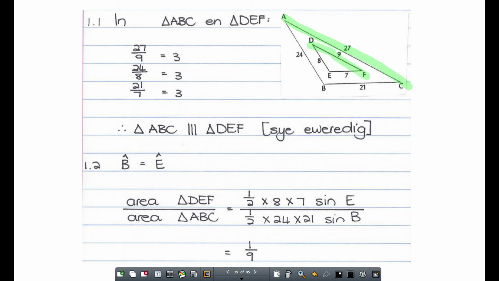So DE. Nee, daar kan jy sien, I take 27 over 9. Nee, I know the memo doesn't say it, but I actually want you guys to rather say AC over DE is equal to 27 over 9, and then you can say equal to 3.